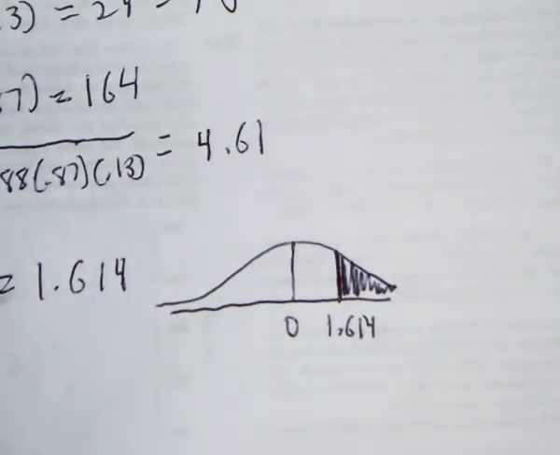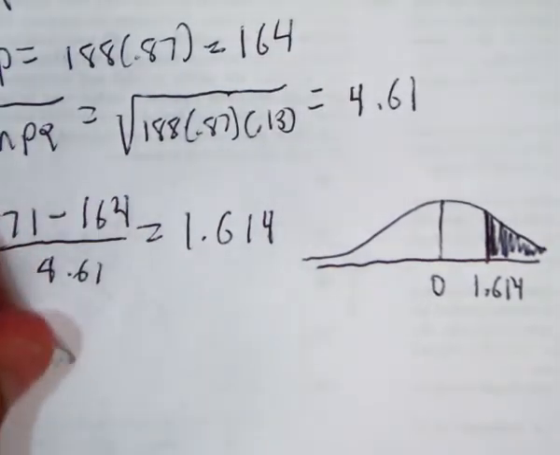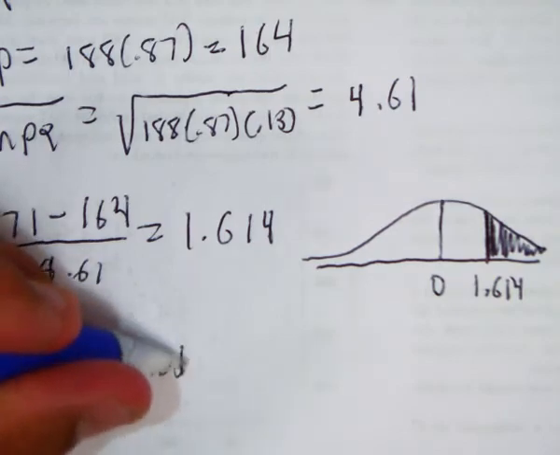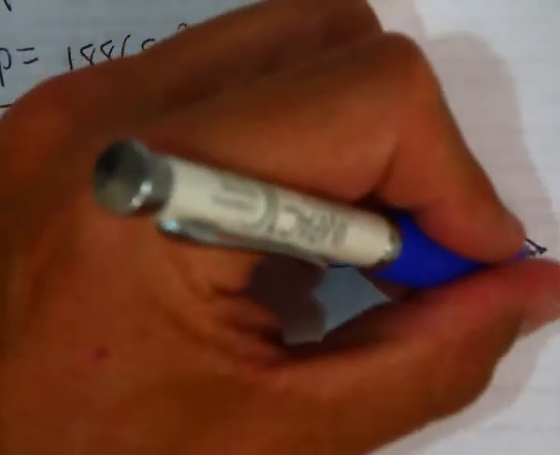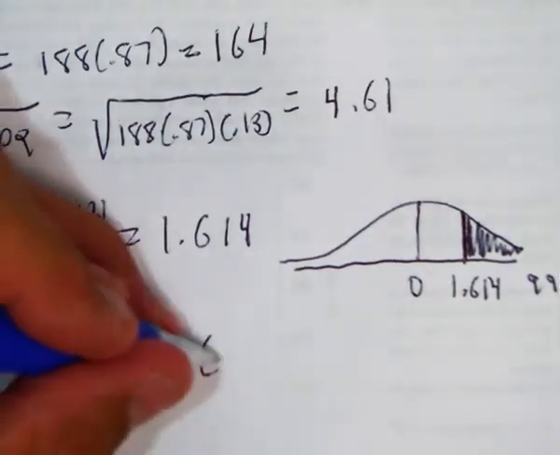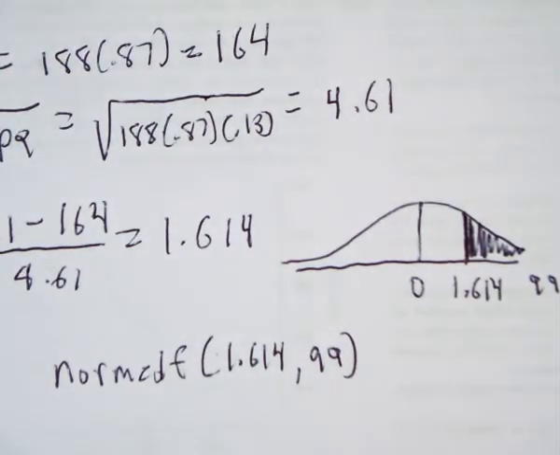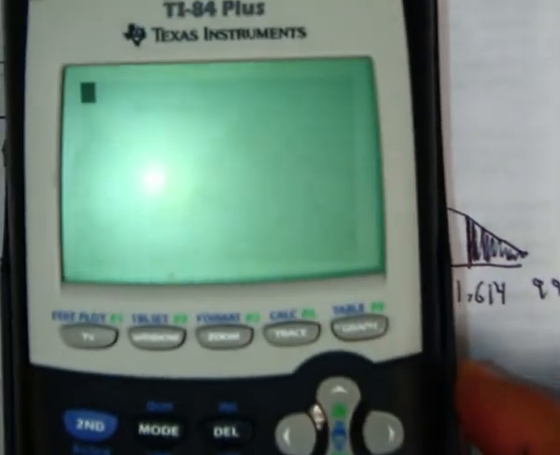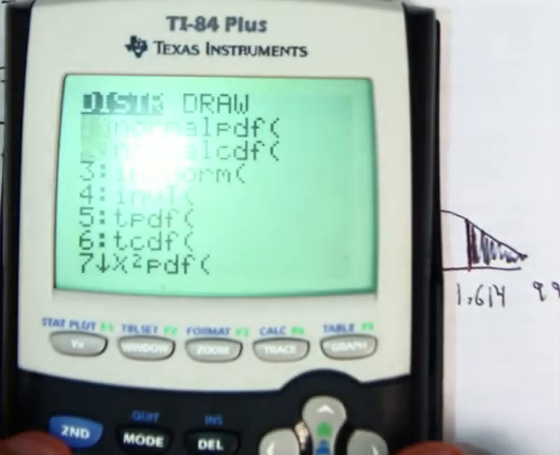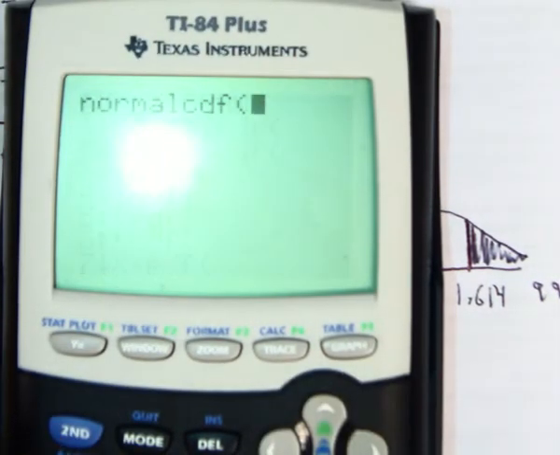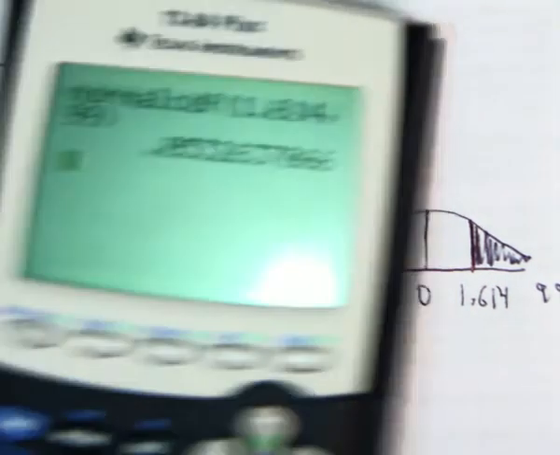All right, and then we would just do norm CDF, and we would do 1.614 to 99. And if we do that out, let's see what that looks like. And we get about 0.053.